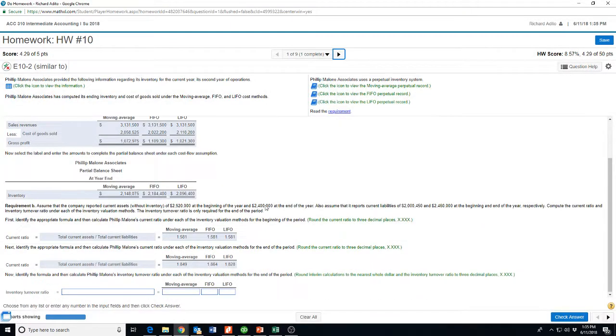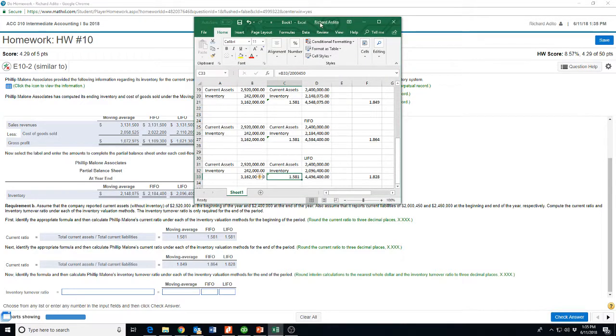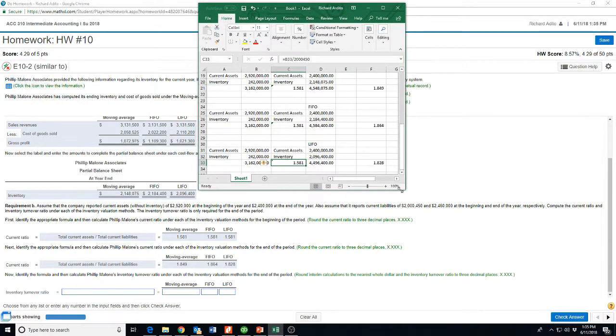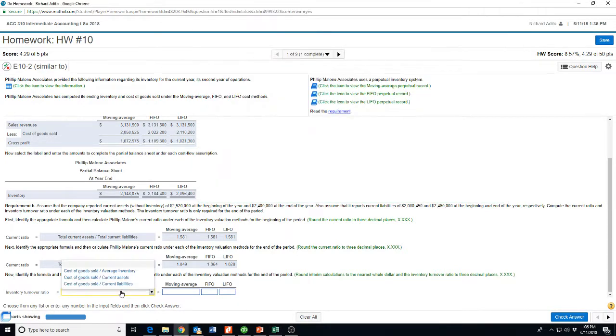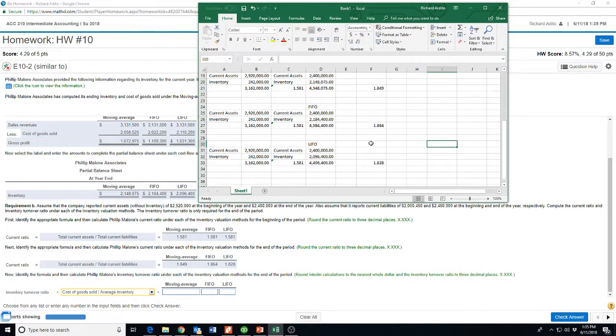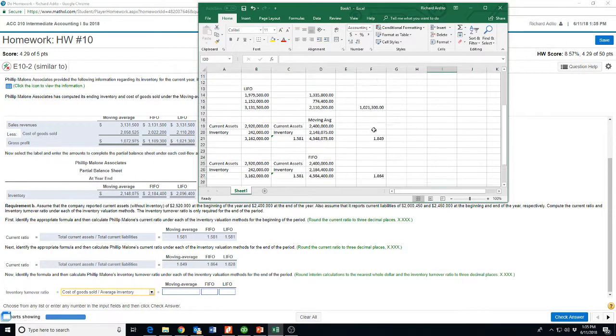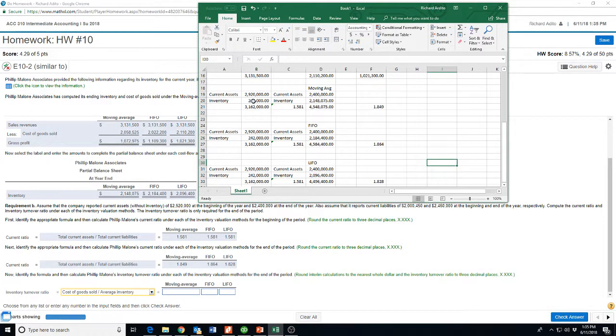Now we need the inventory turnover ratio, and this one says only the end of the year. So our inventory turnover is going to be cost of goods sold divided by average inventory. That should be correct. So our average inventory: inventory at the beginning of the year and end of the year.